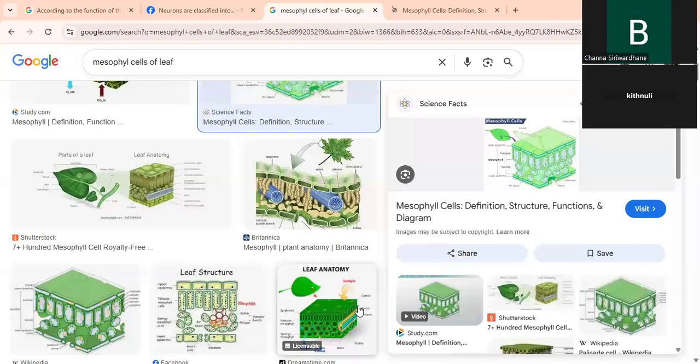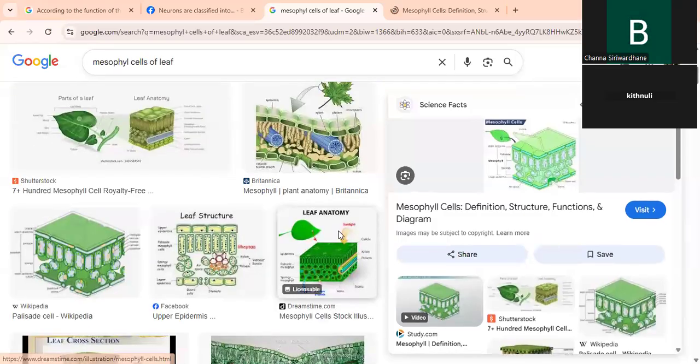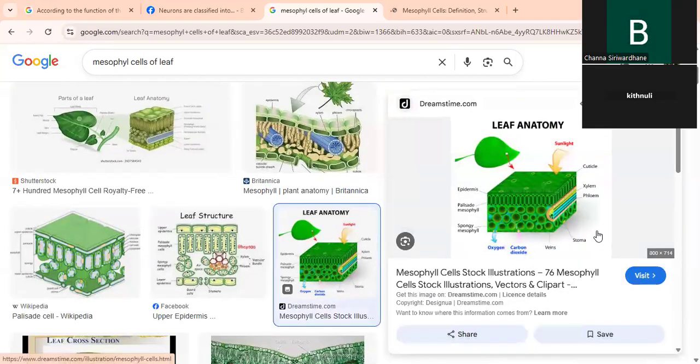What is the delay of loading this? Right. Yeah, it is clear. Right. Now there are mesophyll cells.